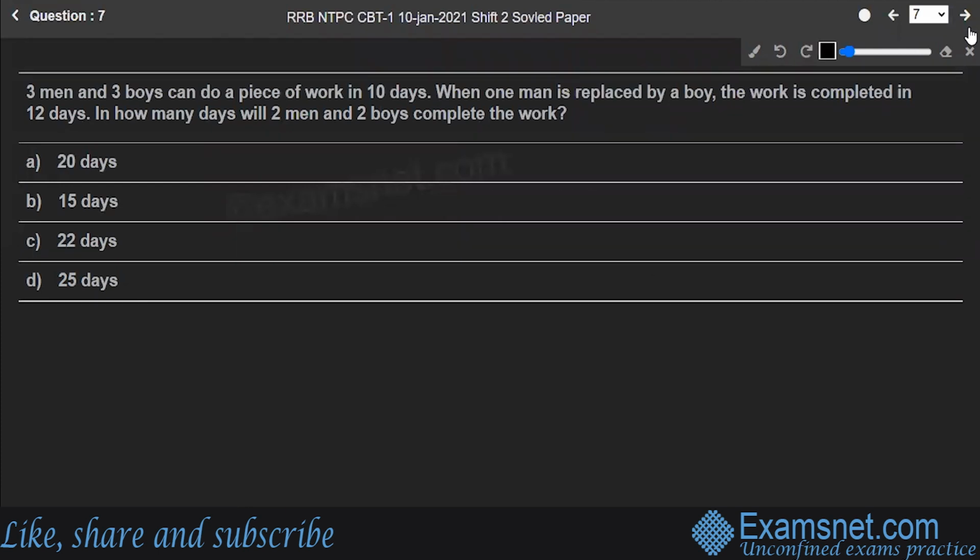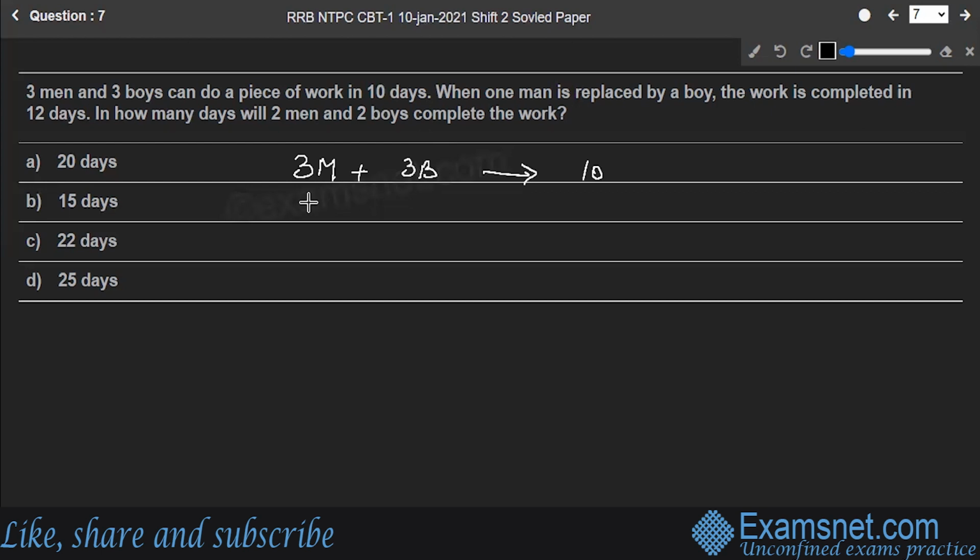3 men and 3 boys can do a piece of work in 10 days. When one man is replaced by a boy, the work is completed in 12 days. How many days will 2 men, 2 boys take to complete the whole work? So you are given 3 men, 3 boys. They can complete a piece of work in 10 days. When one man is replaced by a boy, the work is completed in 12 days.